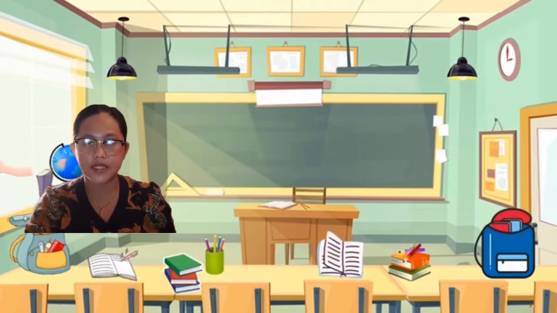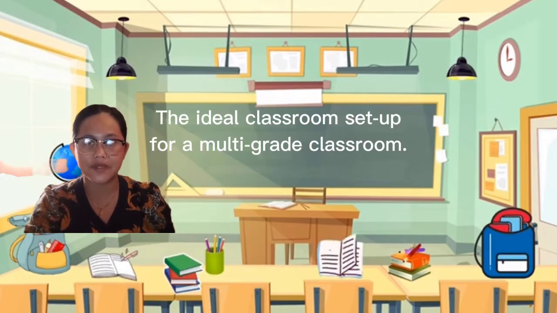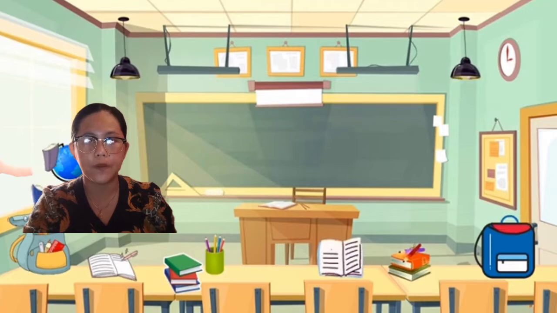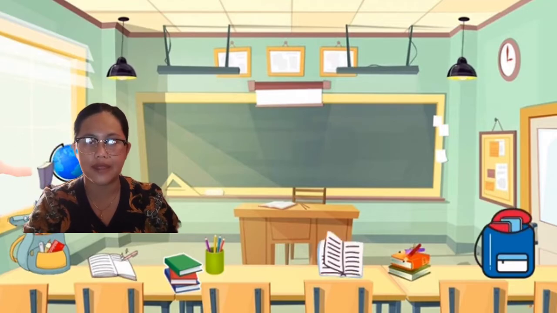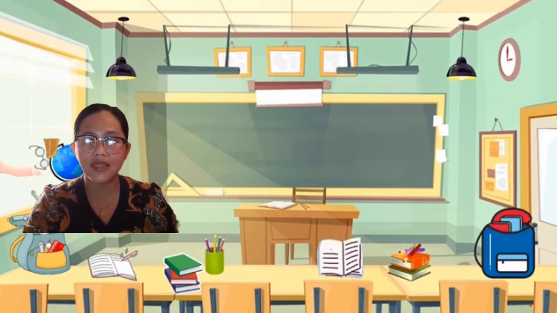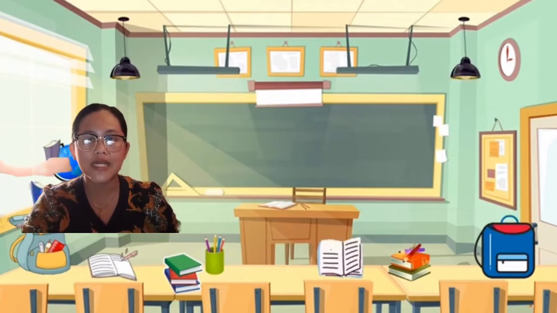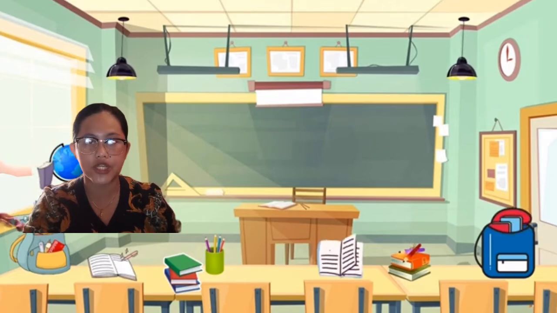Let's talk first about the ideal classroom setup for a multi-grade class. In this area, both younger and older pupils' cognitive development and self-esteem are enhanced. The ideal classroom setup for a multi-grade classroom is one where both students and teacher have their own areas.